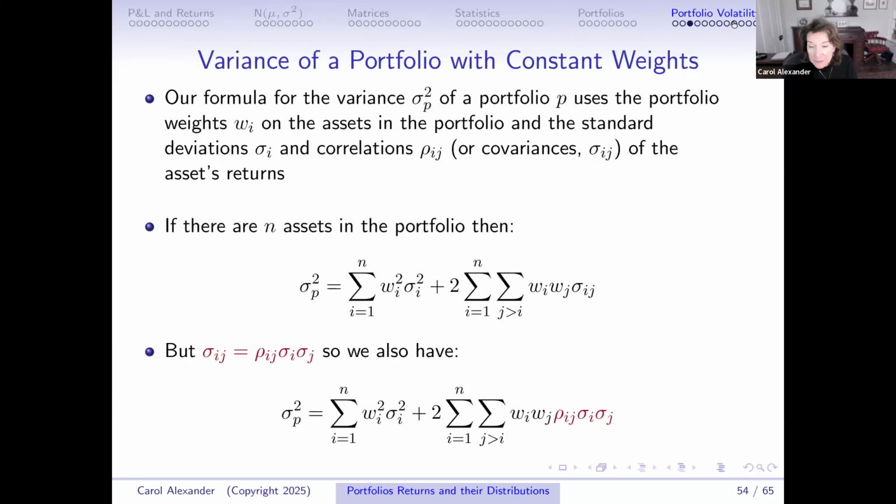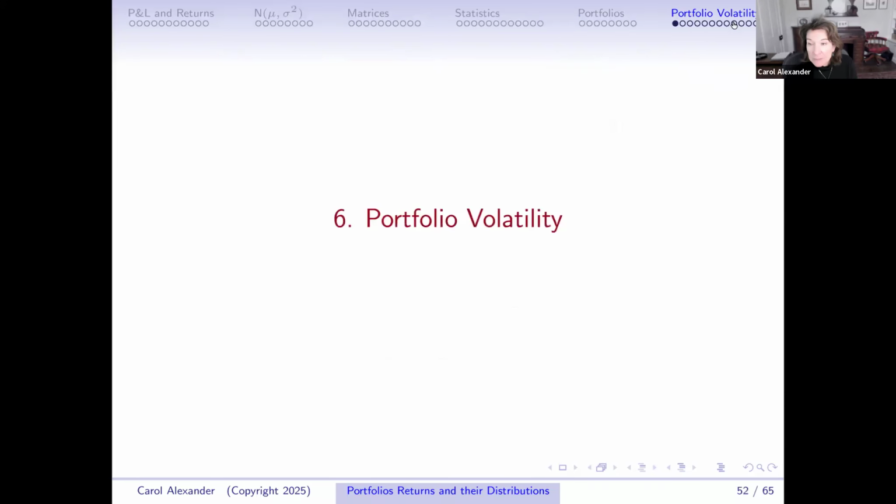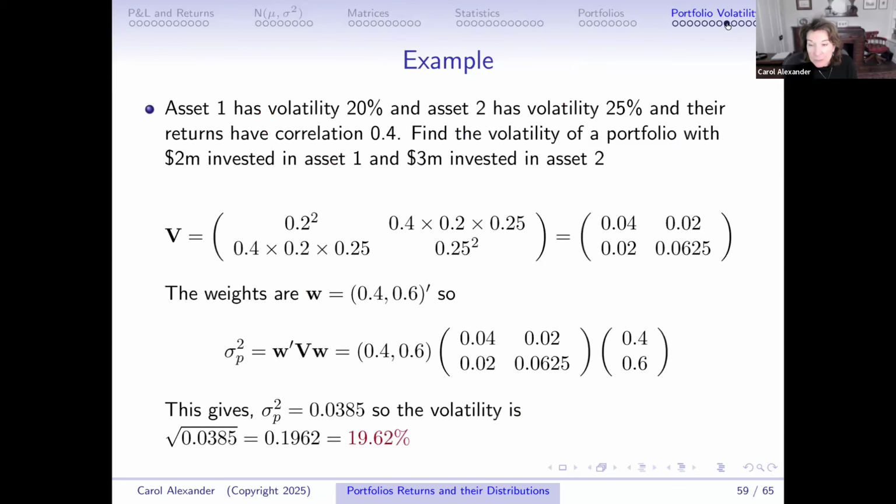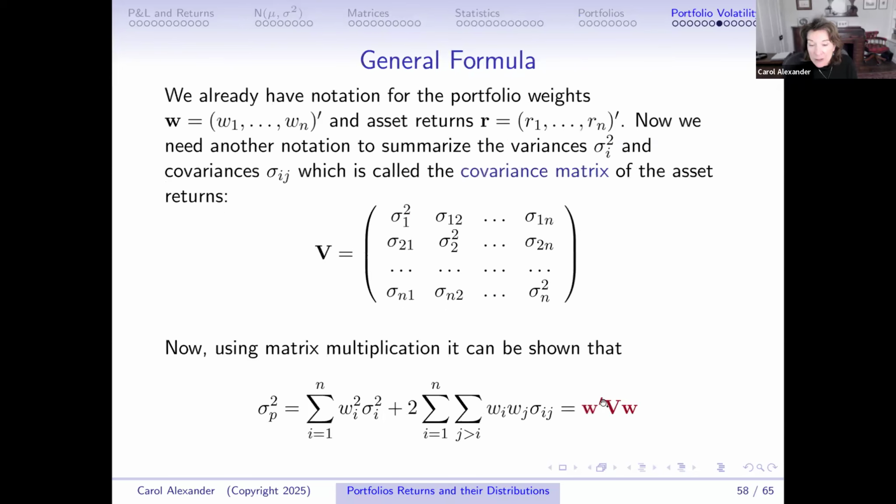We can see that actually, this formula is the same as the quadratic form, which is so much shorter and easier to write down.